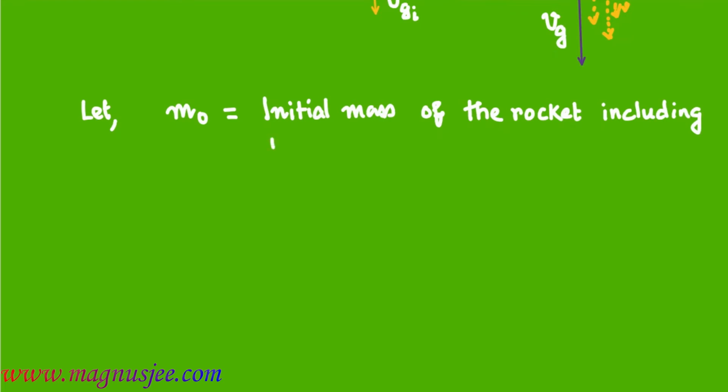M0 is the initial mass of the rocket including that of its fuel at instant of time t equal to 0.